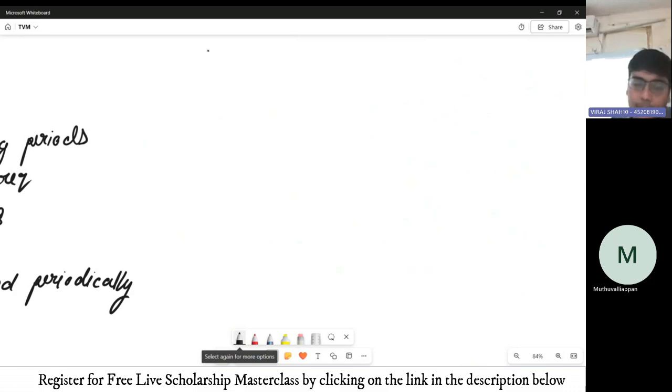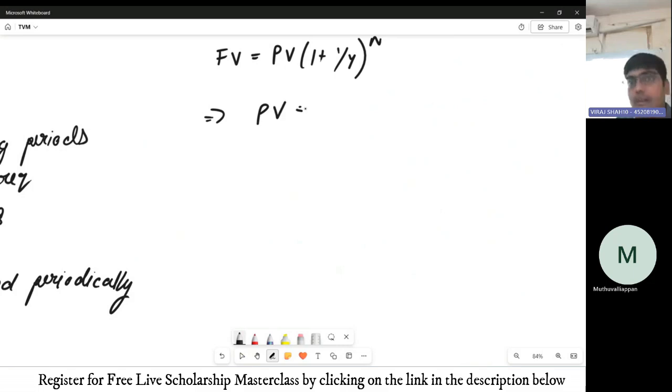Write this question. Okay, first let's see how the formula works. ठीक है? So future value का formula, this was the formula. Present value becomes FV by 1 plus I by Y to the power N. Clear? ठीक है? Formula.